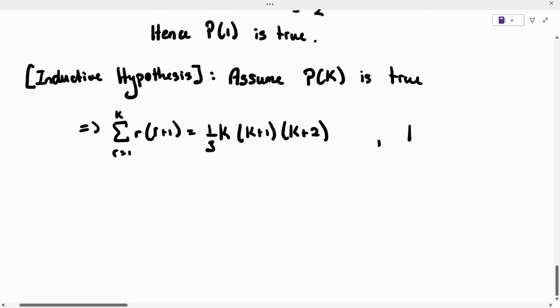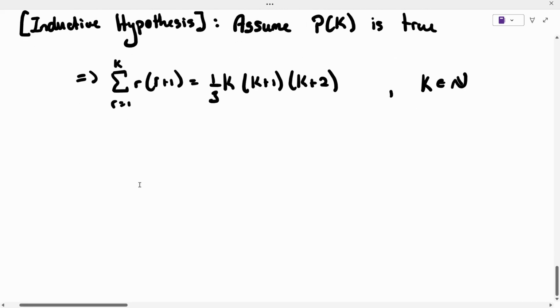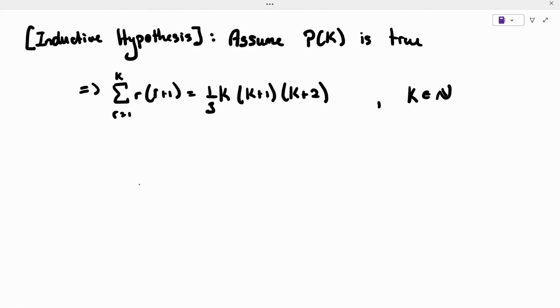And of course, k is a natural number. So if we assume this is true, can we show, consider when n is equal to k plus 1.